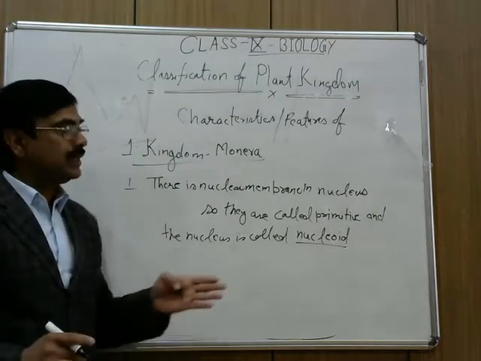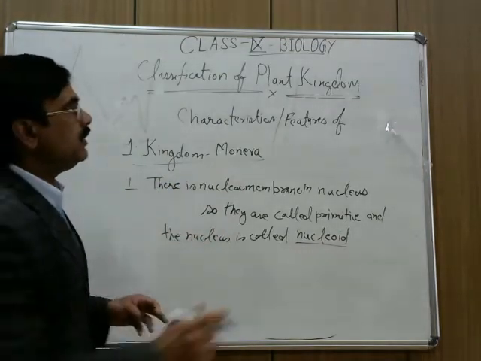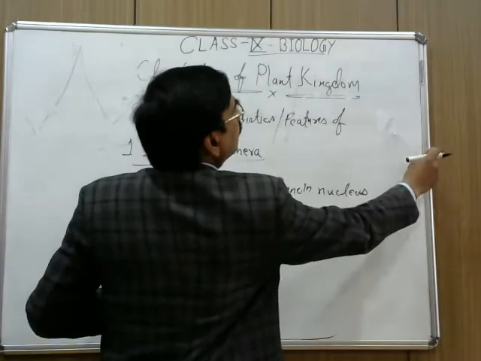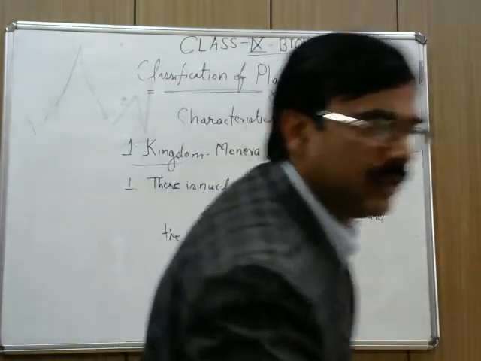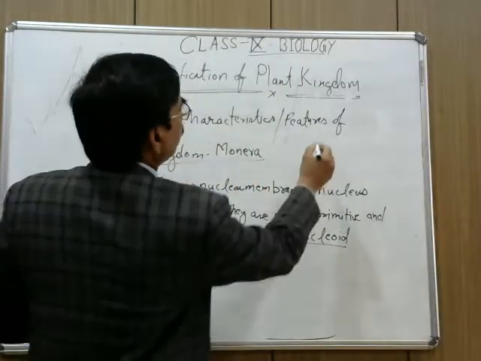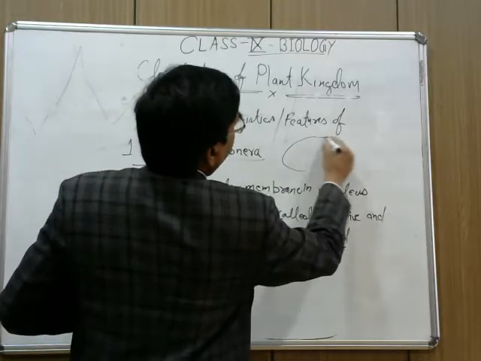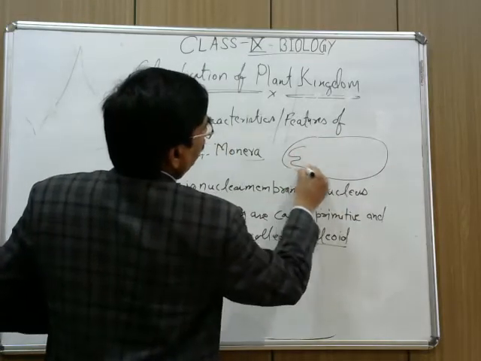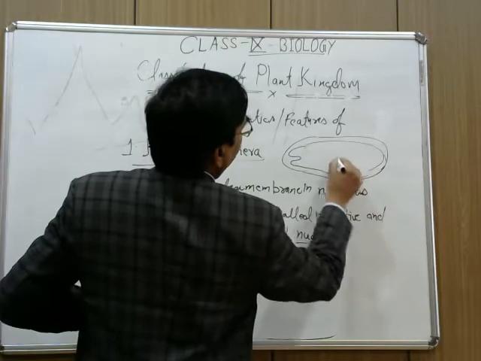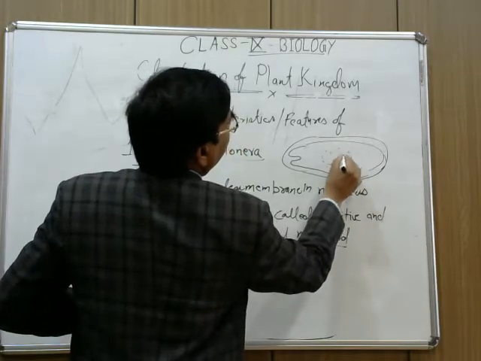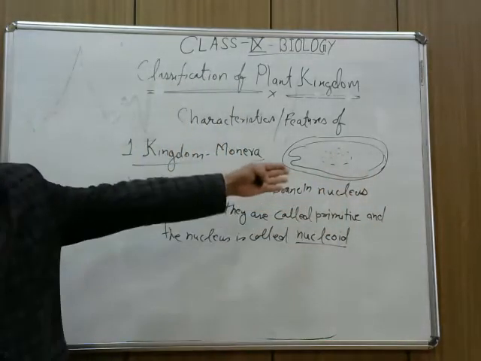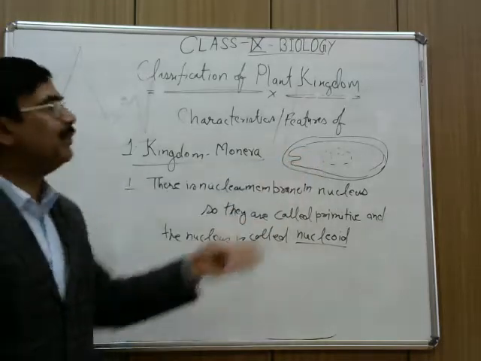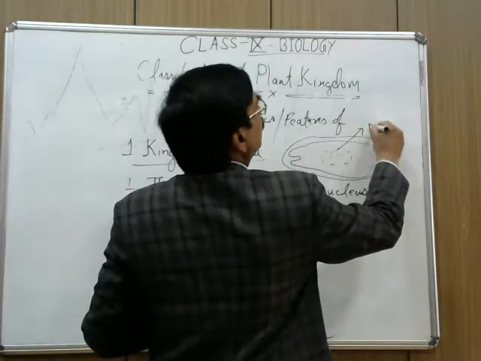There will be a question: what is nucleoid? When you see it, you will see this type of structure. The nucleus is not surrounded by nuclear membrane. That is why this is called nucleoid.